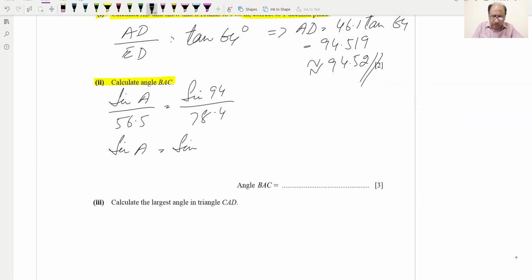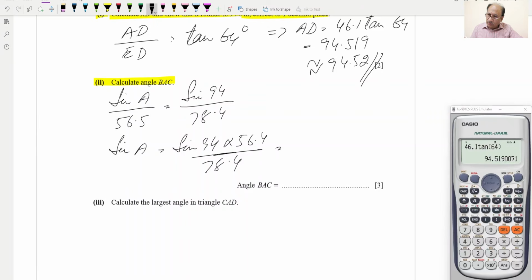Here, now we can find sine A is equal to sine of 94 into 56.4 divided by 78.4.